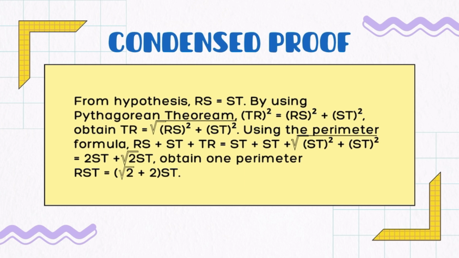And by the formula of perimeter, RS plus ST plus TR is equal to ST plus ST plus square root of ST squared plus ST squared, equal to 2ST plus square root of 2ST squared, equal to 2ST plus square root 2 times ST. At the end of this proof, we obtain the perimeter of RST equal to (square root 2 plus 2) times ST.